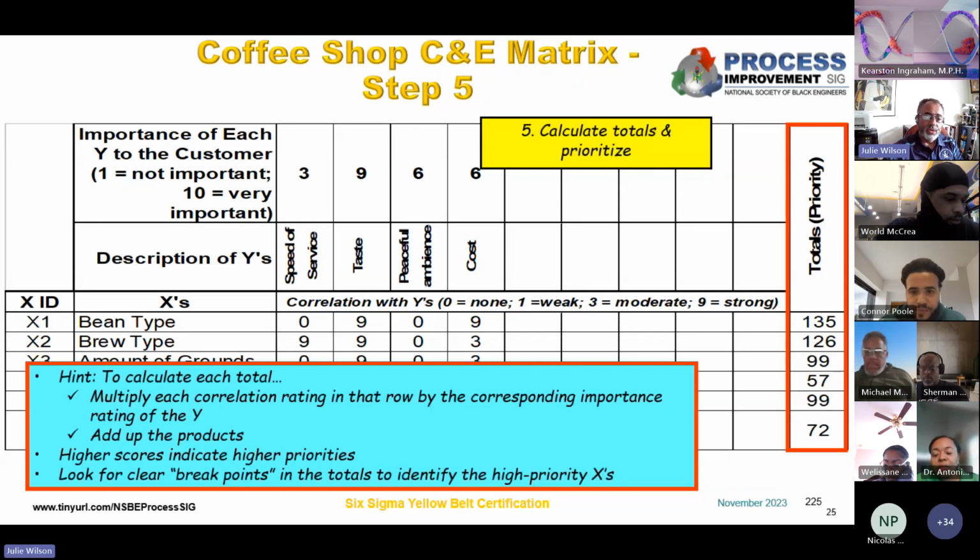What a failure mode effect analysis does is identify what can go wrong in your process. So what are the various failure modes in your process? Then you assess the likely causes of those failure modes, and the consequence of each failure mode.